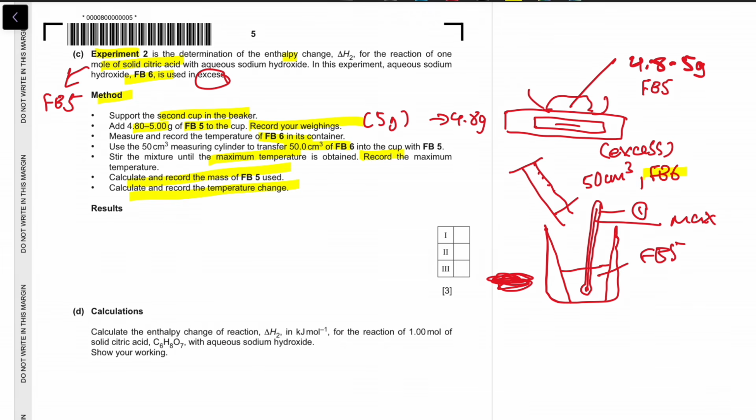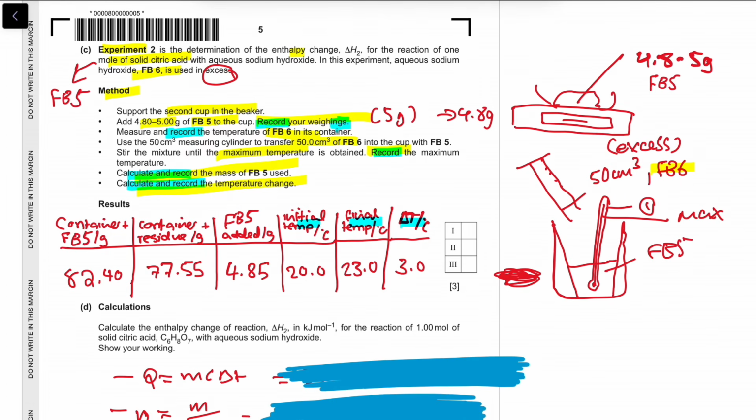change once again. Okay, so I've generated a table of results. We have the same column headings as we did for the first experiment. The only thing is the amount of citric acid added needs to be 4.8 to 5 grams.